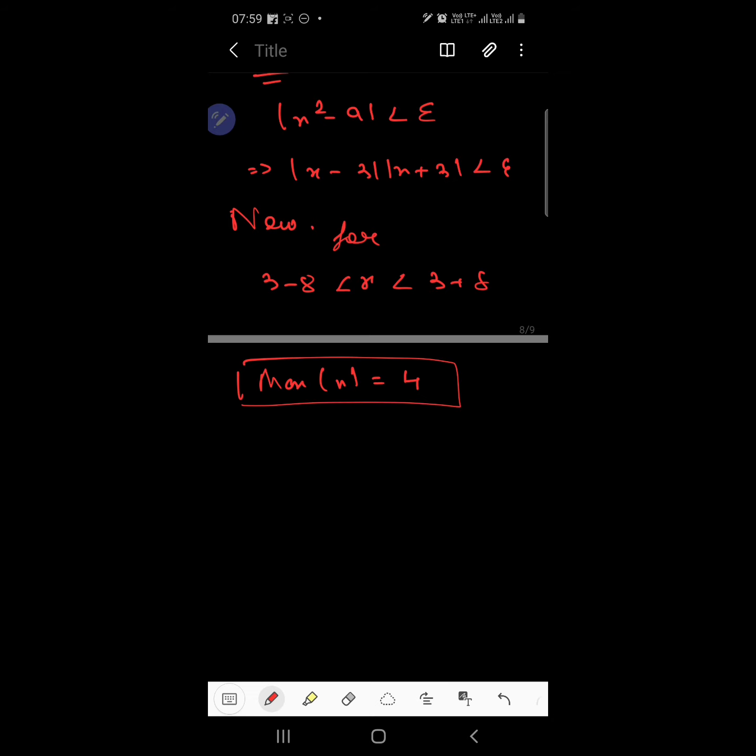The max value of x will be 4. This happens because if you draw the axis, if this is your x equals 3, then this is your 3 plus delta, this is your 3 minus delta. But the thing is that this delta is very small. This delta is not large.